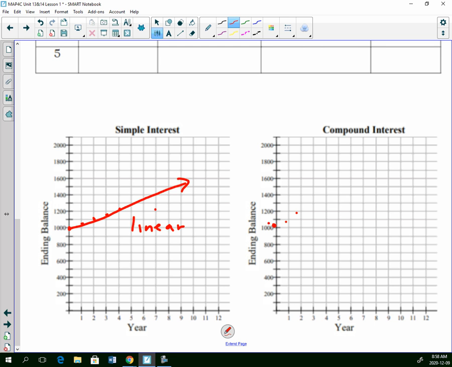I'll exaggerate it here. Compound interest is exponential because you're getting more each year, so it's going to go steeper. You'll see in the formula there's an exponent. So this one is linear, and this one is exponential because you have an exponent.